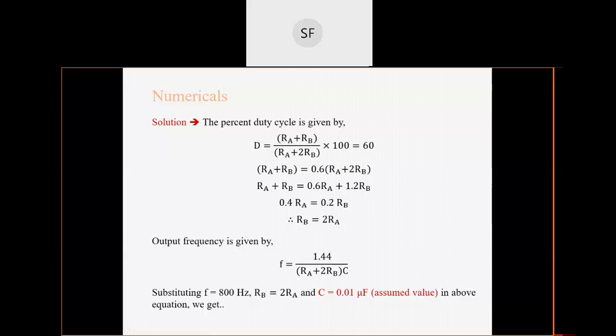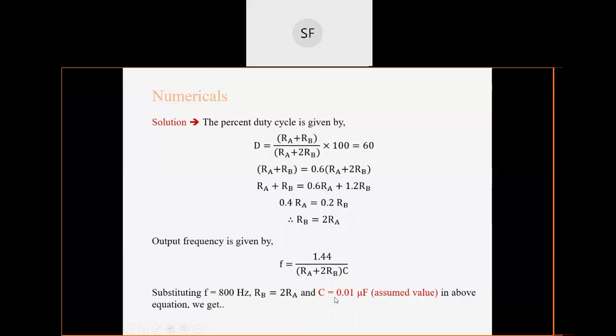right? So now here we have assumed, we got this expression. We already know the frequency value, 800 Hertz. Then we have this relation also. We have just found the relation. But always remember you have to assume only one parameter. You cannot assume two parameters at a time.